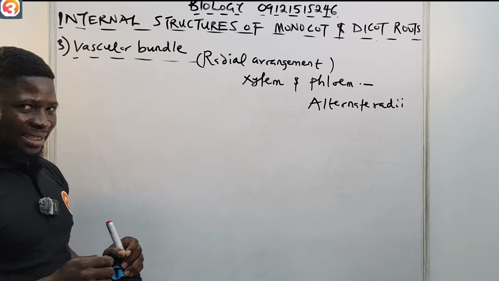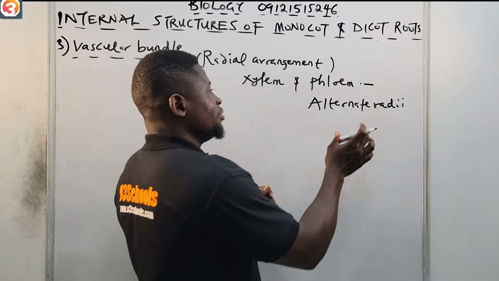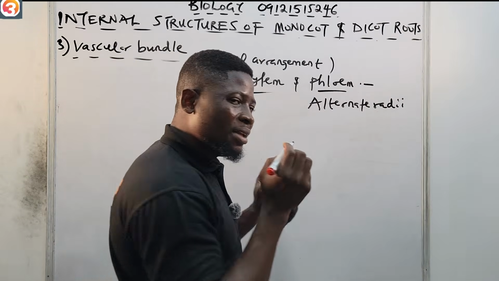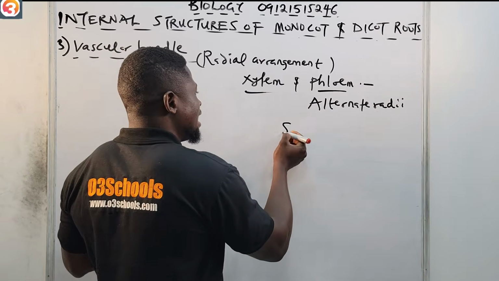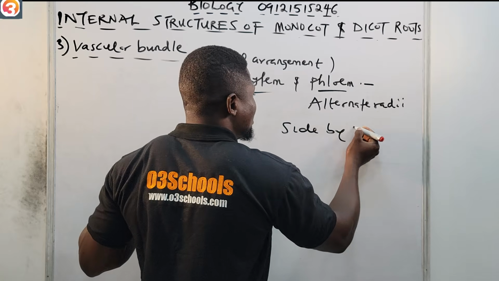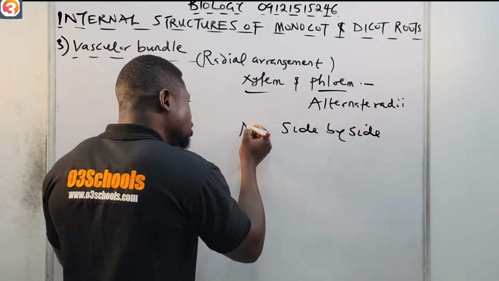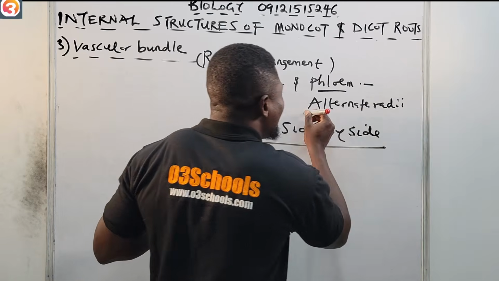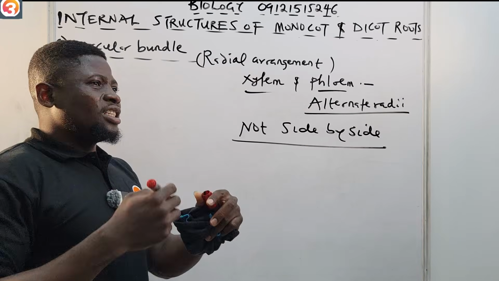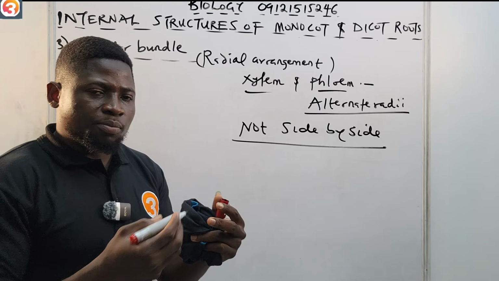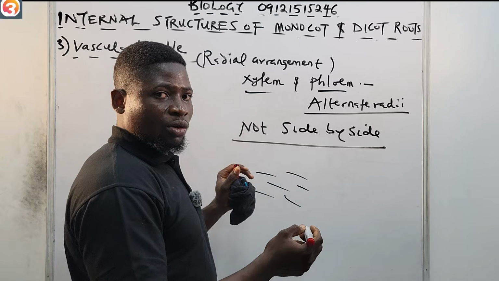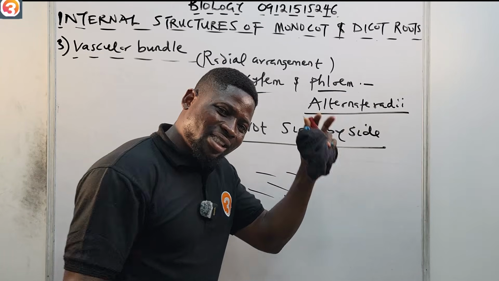You must take note of that. And what does this mean? It means that the xylem and the phloem are not arranged side by side. They are arranged in alternate radii. Just imagine it like the spokes, the long things on the wheel of a bicycle.